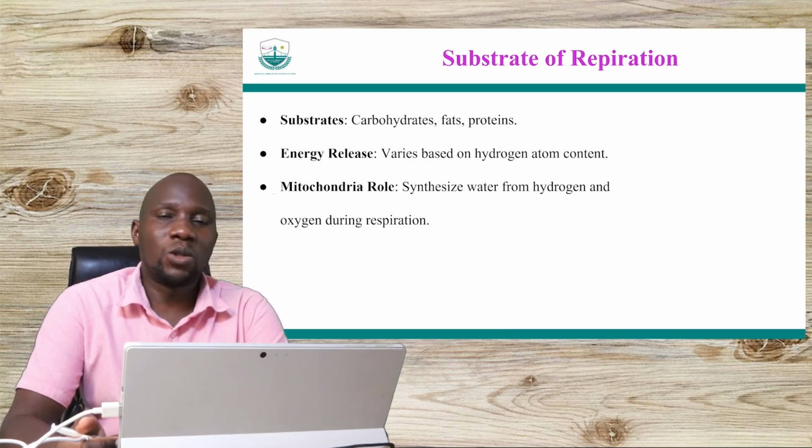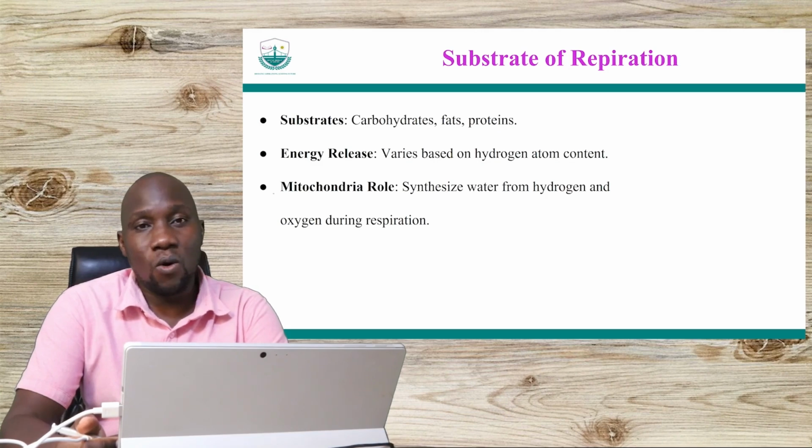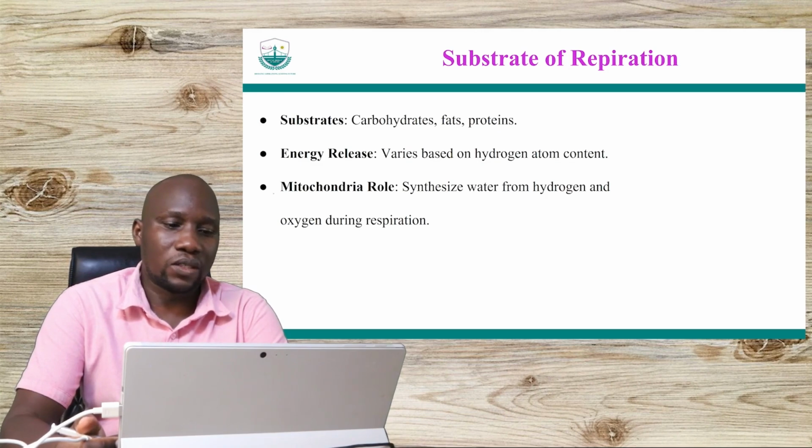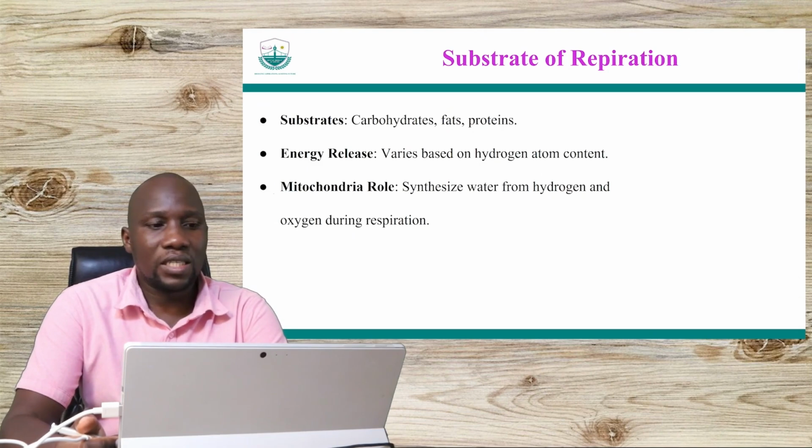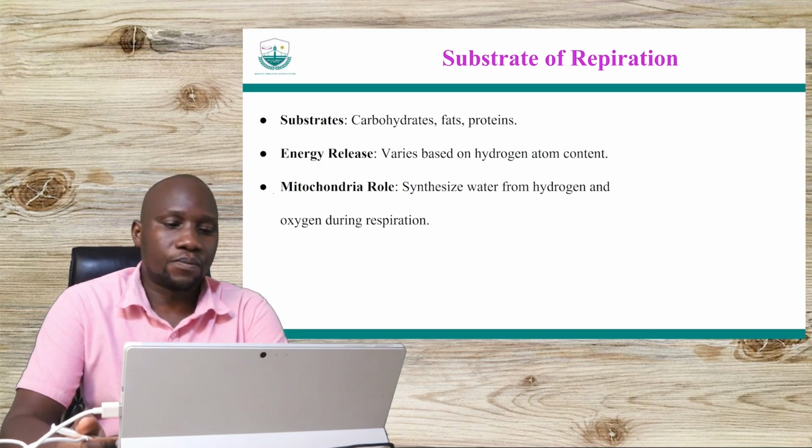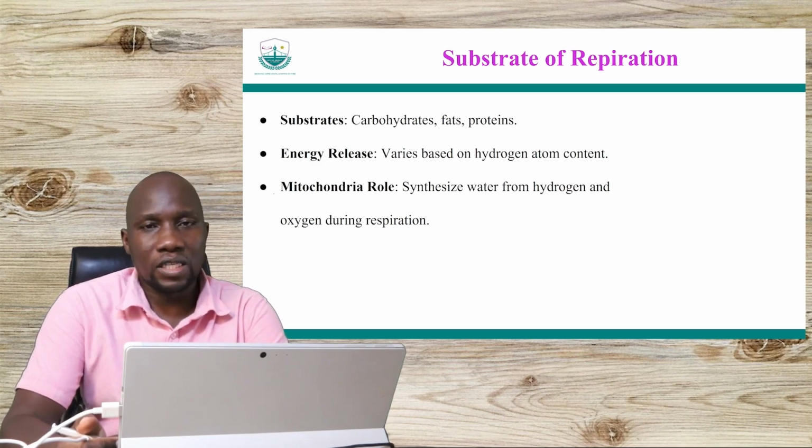The amount of energy released varies whether you are breaking down carbohydrates or lipids or proteins, and we shall see which one actually produces more. The end products of respiration, you have energy, which you have mentioned several times, but you also have carbon dioxide and water. The mitochondria plays an important role. It is an organelle within the cell, and it is what we often term as the powerhouse of the cell.